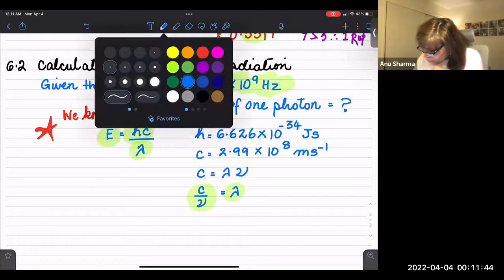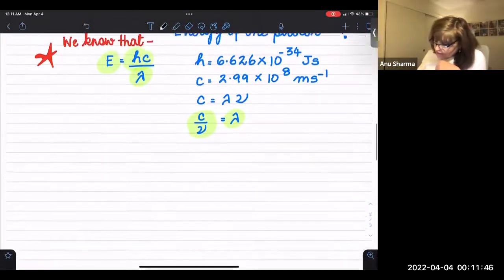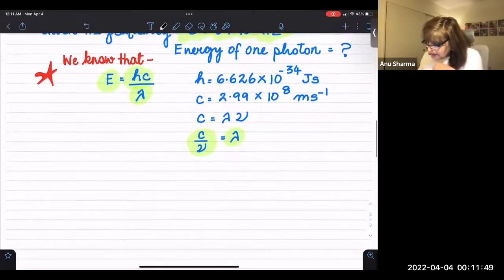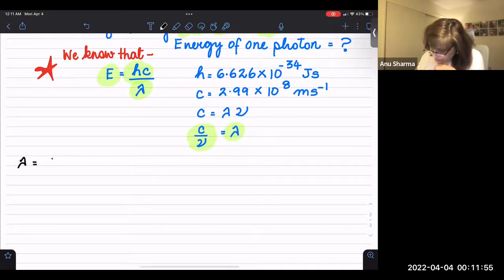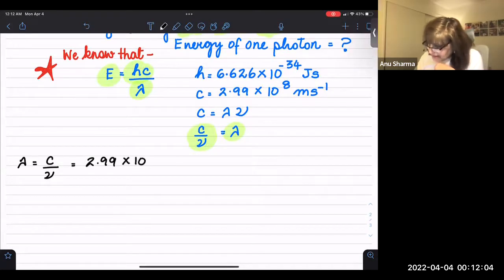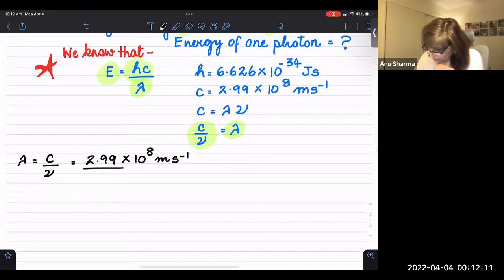So here, what do we do? We are going to, first of all, find out the wavelength. The wavelength is equal to c over nu. The c is 2.99 into 10 to the power 8 meters per second, over the given frequency.